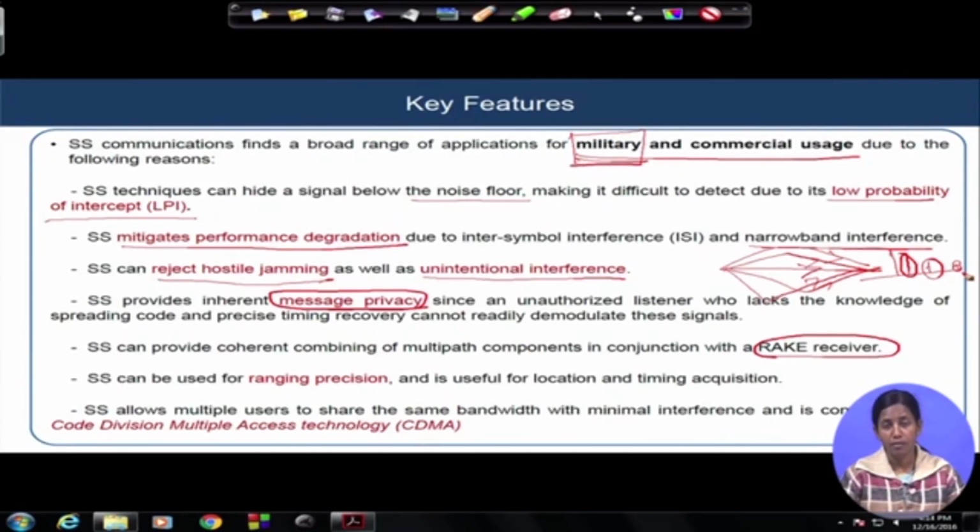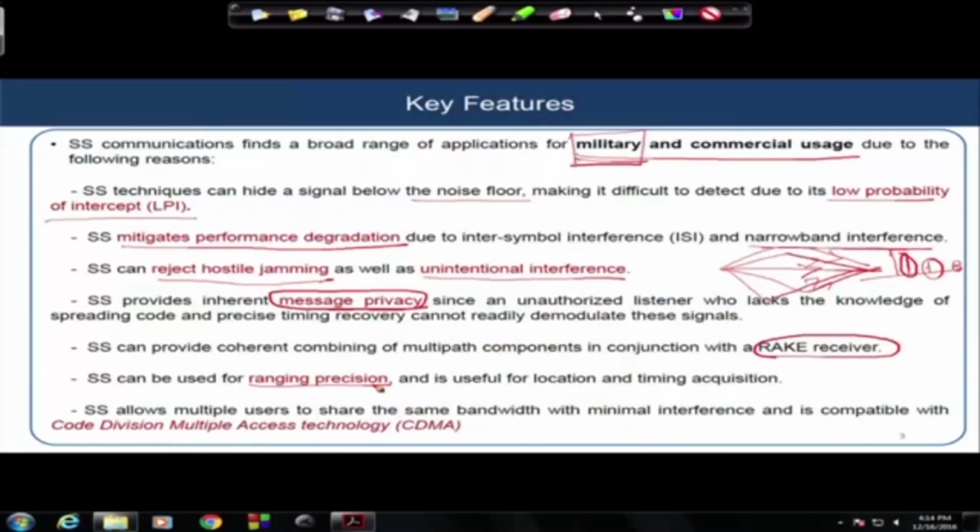Then all those multipath signals will help increase my signal to noise power, and this capacity is there in a spread spectrum communication system. So coherent combination of the multipath signals can enhance our SNR in a rake receiver.